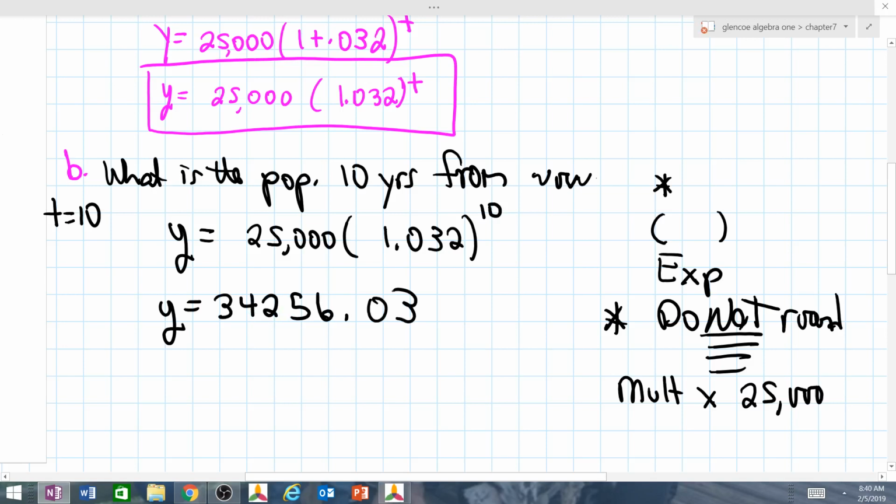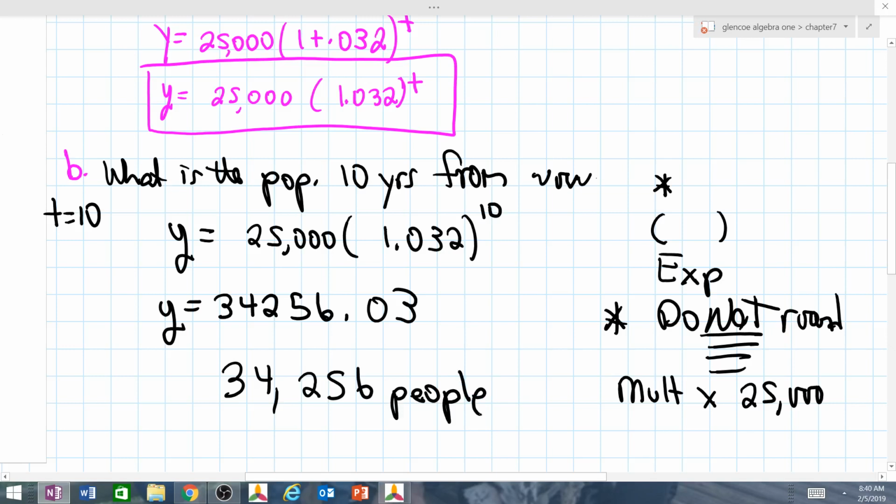But we're talking about people, right? So if we're talking about people, we don't have a fraction or a decimal. We would round up if this were a 5, it's not. So the population would be 34,256 people.